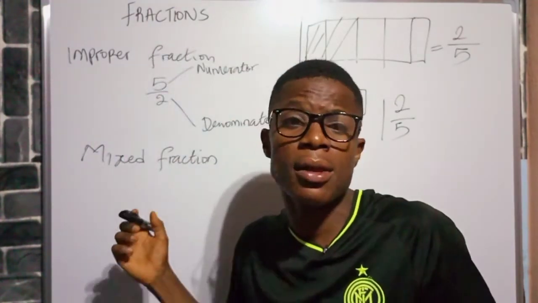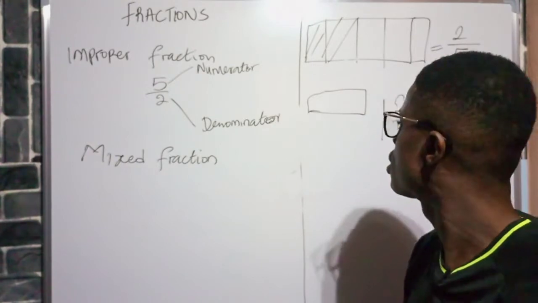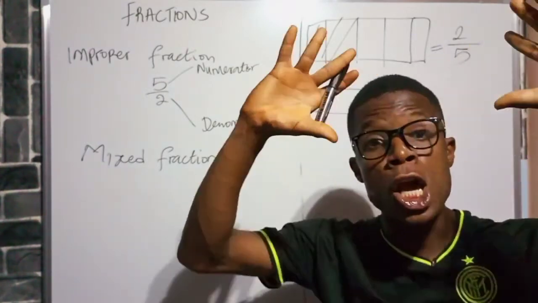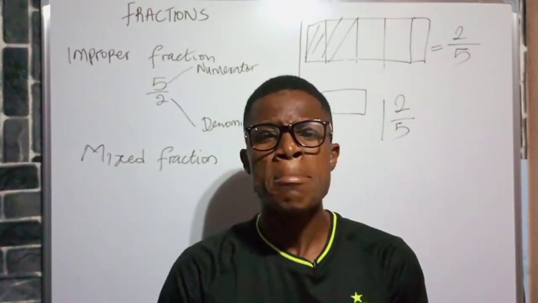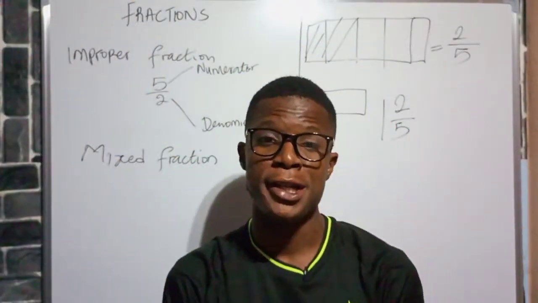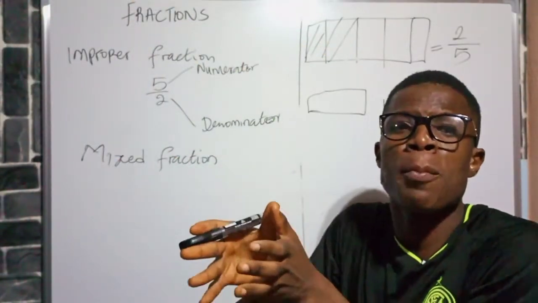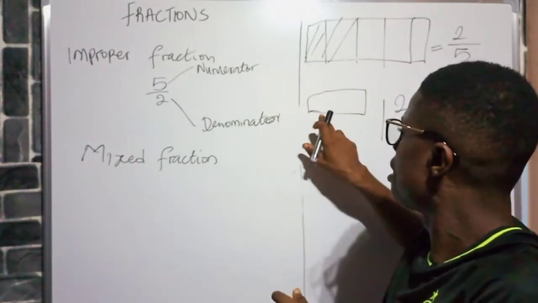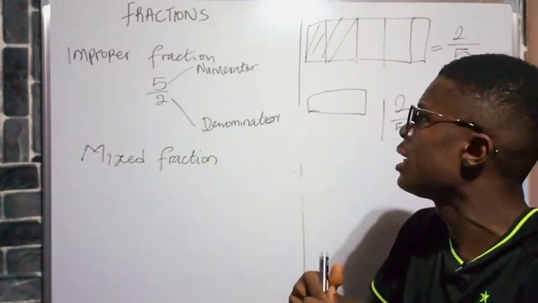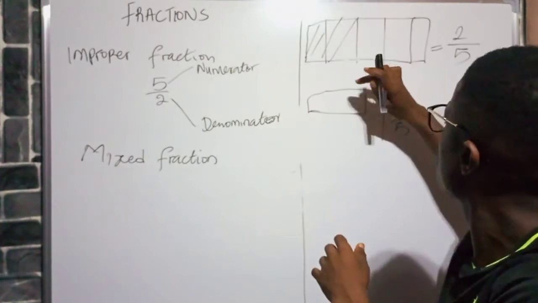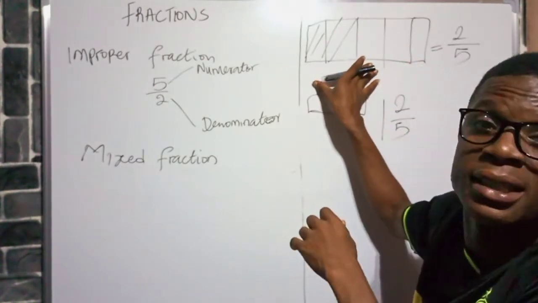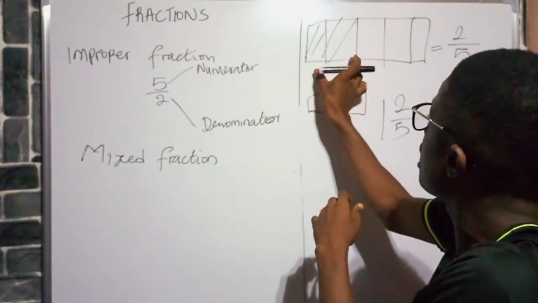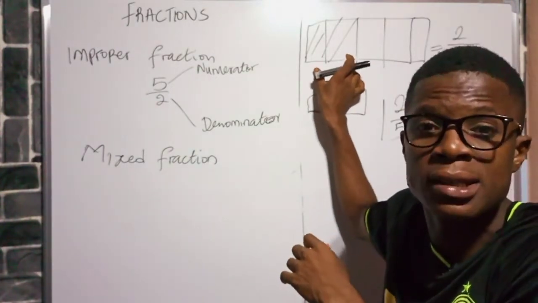This particular type of fraction occurs whenever we combine a whole number, let's say a loaf of bread, and some portion of another loaf of bread. Let's say she told me to take this particular loaf of bread and I should take two out of what? Five. After dividing a loaf of bread into five, I should take two portions out of that five.